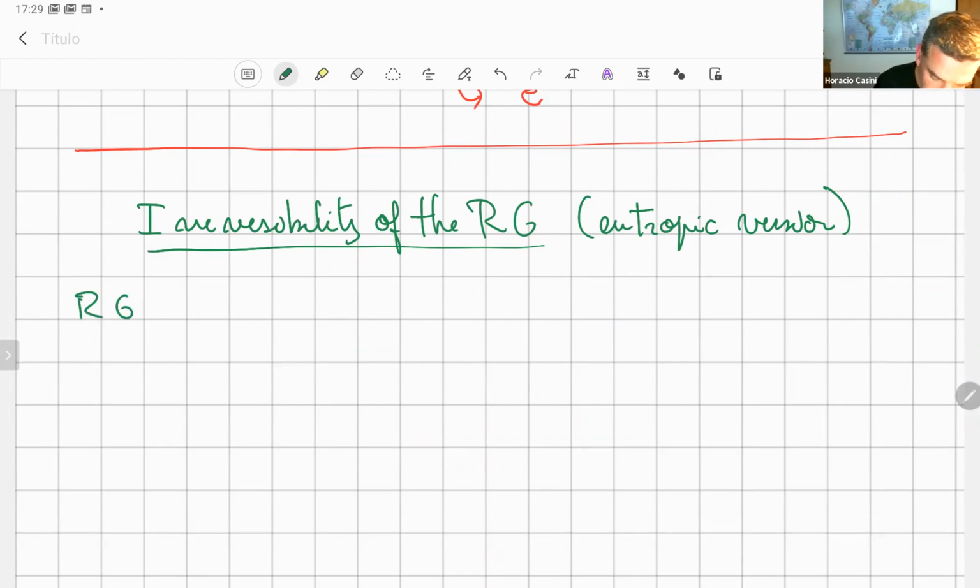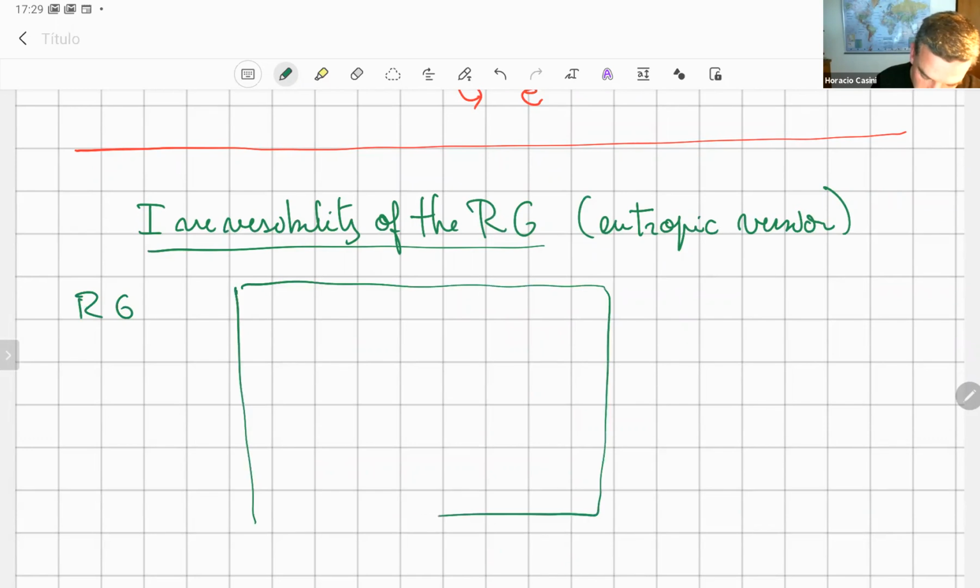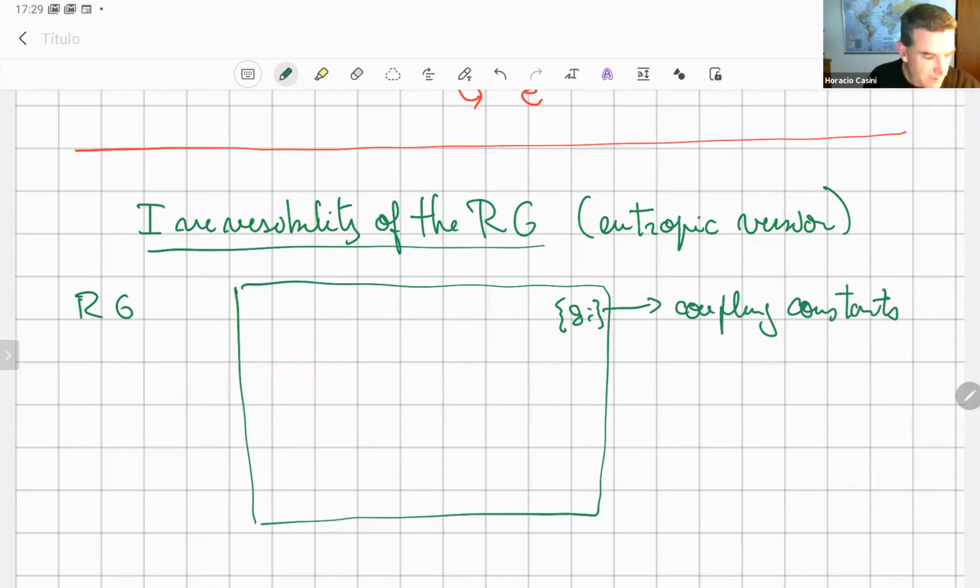The renormalization group, we can think we have in this plane, this plane shows the coupling constants of some theory, the possible coupling constants. And then at some points of this space, you will have some CFTs.